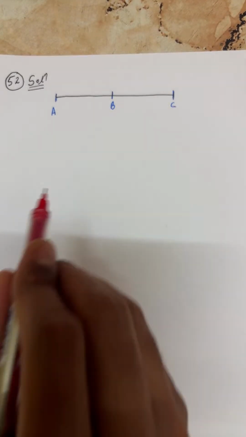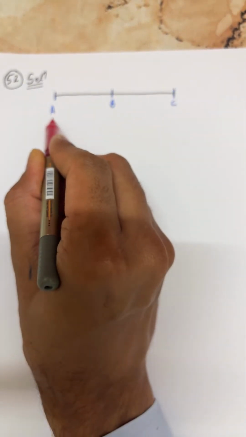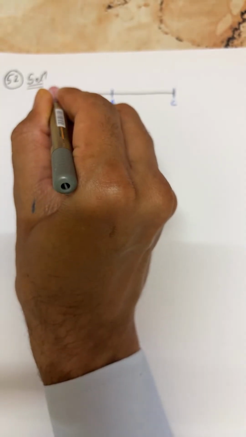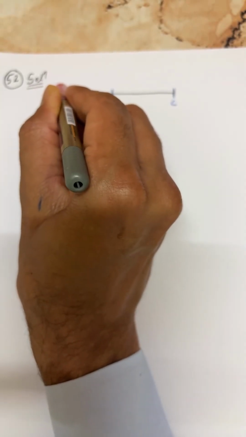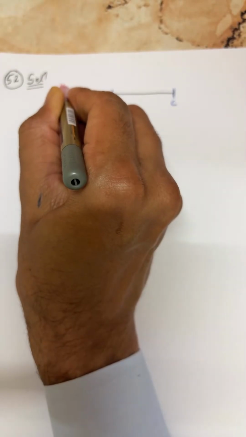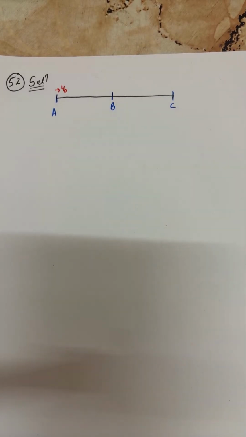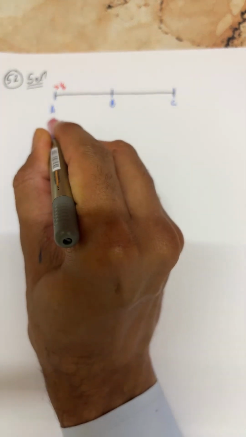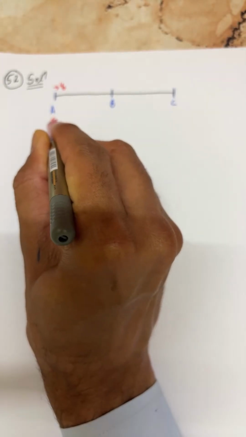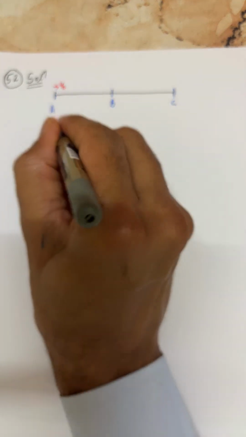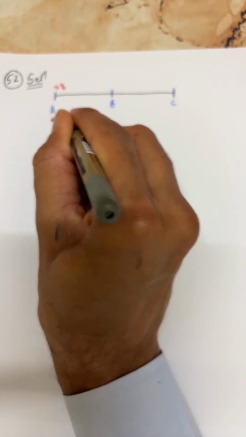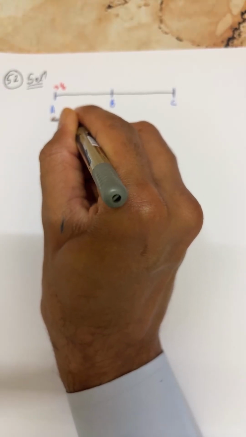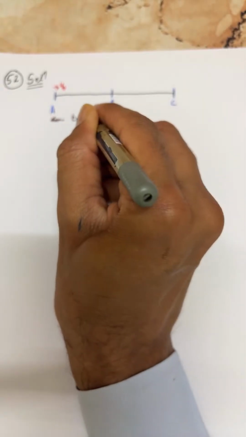Listen, kids. Look at A, B, and C carefully. Let us suppose the initial speed of the particle I'm considering is U naught. U naught is what, my kids? The initial speed of the particle. What is mentioned in the question: the particle has traveled for t naught time.